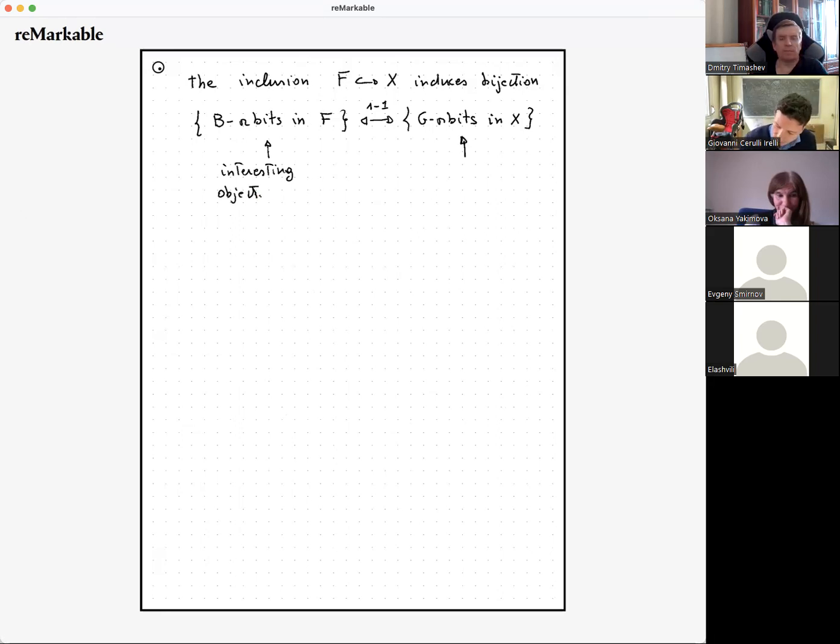And this is not very interesting in itself, but here we can use Zvara's theorem. So we can use representation theory of algebras to describe G orbits and their closures.